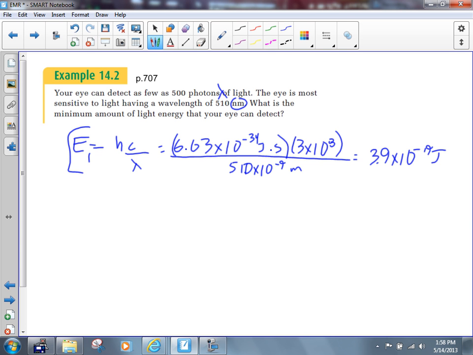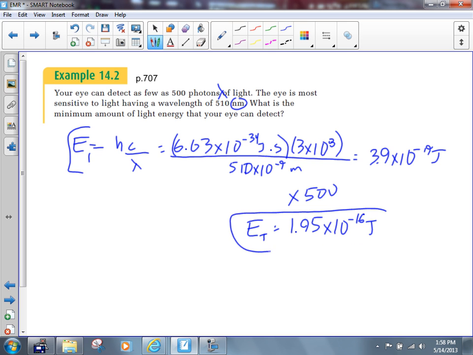Times it by 500. Multiply that by 500, we end up getting 1.95 times 10 to the minus 16. So the total amount of energy that our eyes need to strike it in order to detect the EMR is going to be 1.95 times 10 to the minus 16 joules. So mathematically, it's no harder than the other question we did as an example. But conceptually, it's a little bit tougher because you've got to do that multiplication.